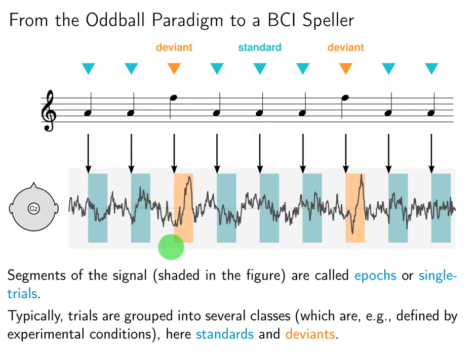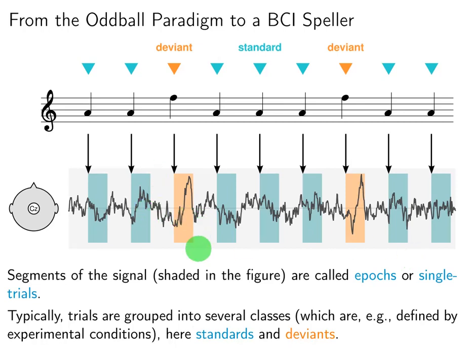And then these trials are grouped into several classes defined by stimuli or standard. So two classes in this case, one class versus another class. We can visually see that, look, there is increase in the amplitude. This is one example of single trial P300 waveform.